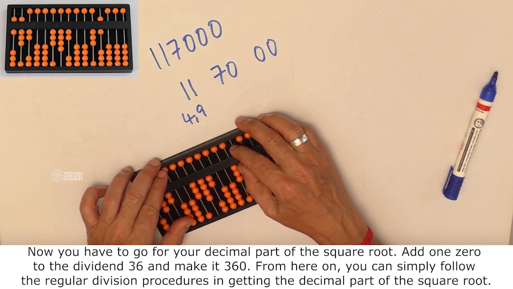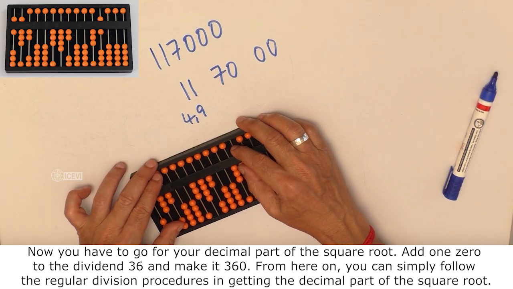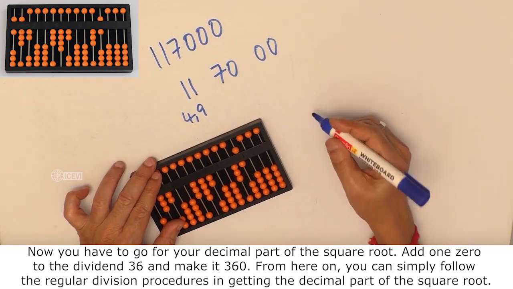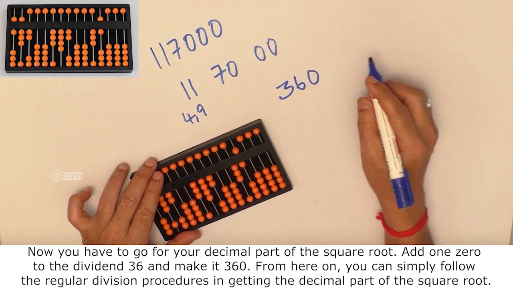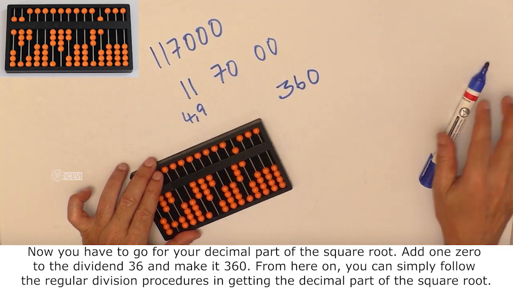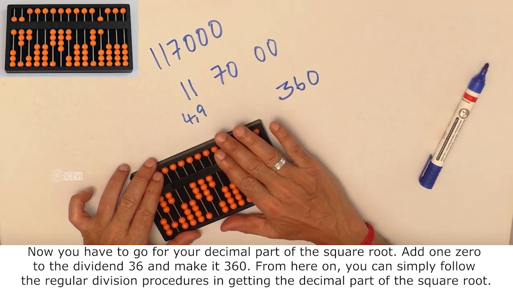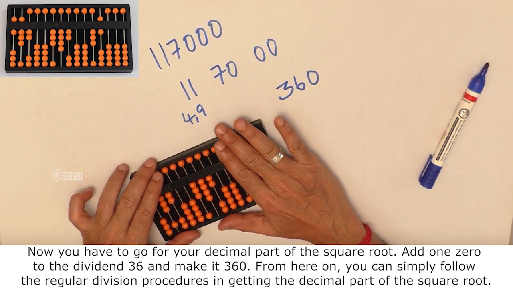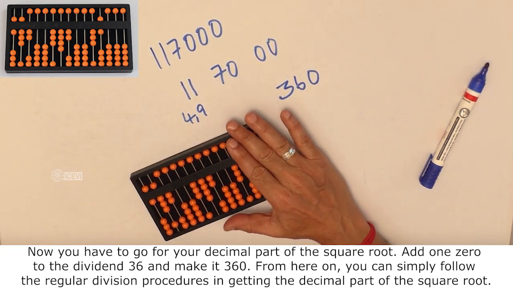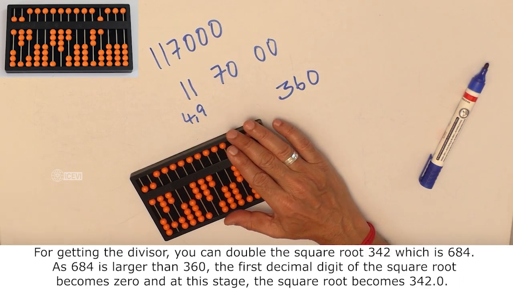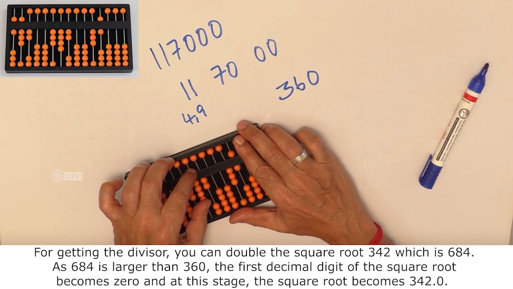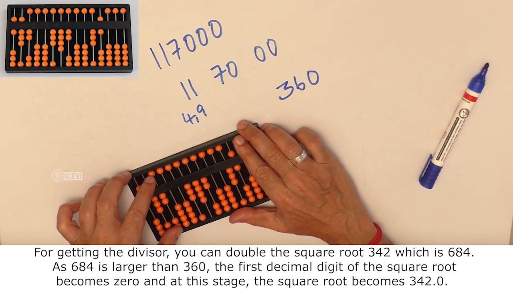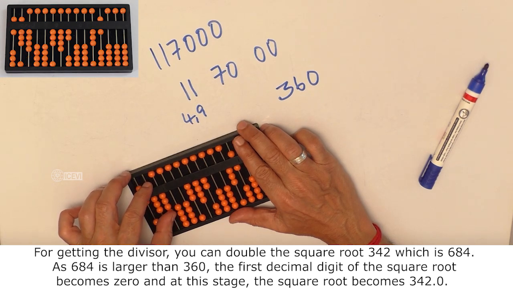Now you have to go for your decimal part of the square root. Add 0 to the dividend, that is 36, and it becomes 360. From here on, you can simply follow the regular division procedures in getting the decimal part of the square root. For getting the divisor, you can double the square root 342, which is 684.